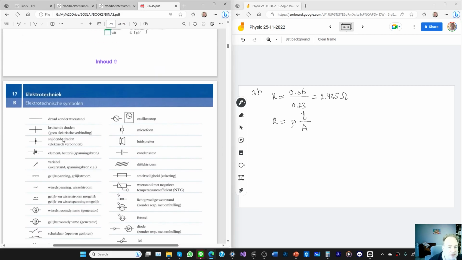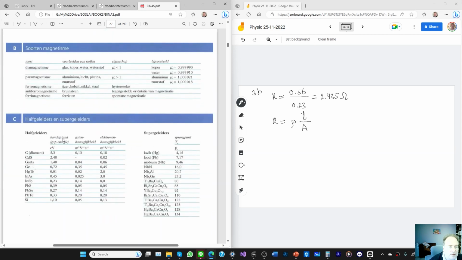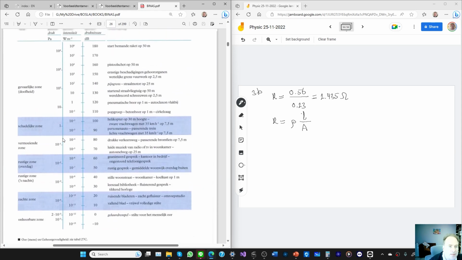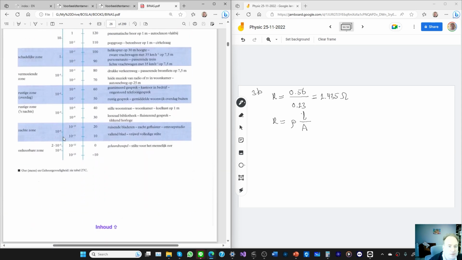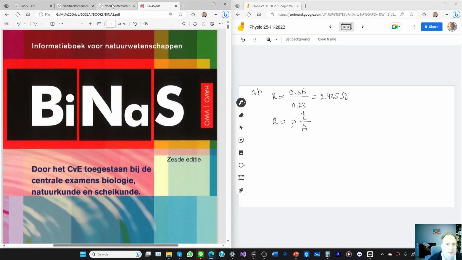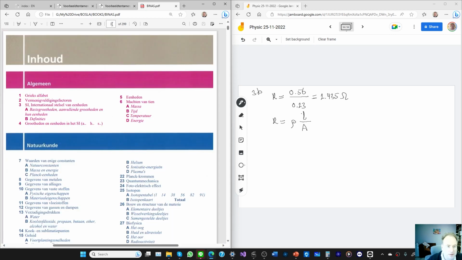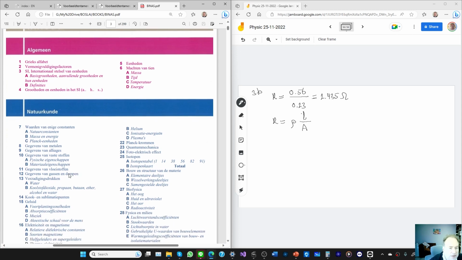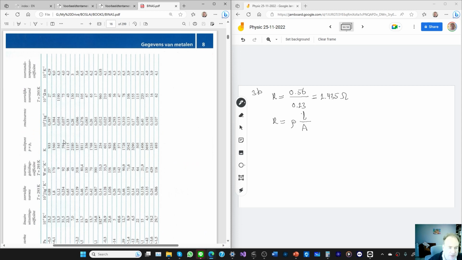So go back to our BINAS. Figure out what is the resistivity of copper. So let's go to metals.